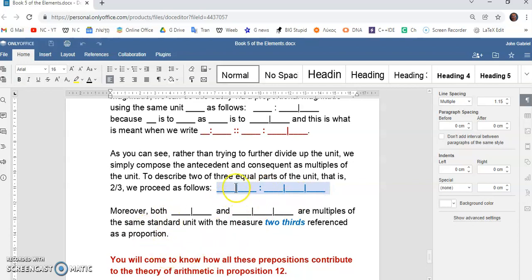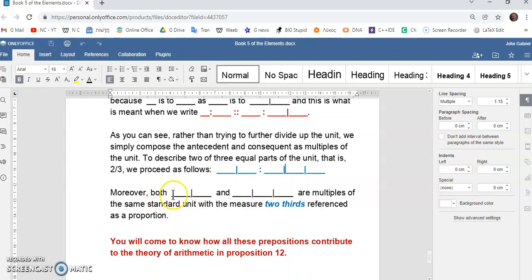Moreover, and by the way, these vertical lines are just there to separate, they're not really part of the line, and I put them there to make it easier for you to understand, nothing else. So moreover, this line and this line, which are multiples of the same standard unit, tell us how we can give 2/3 a name, right? And the way we can name it is like that.